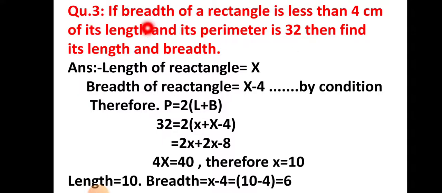Therefore, P means perimeter equal to formula 2 into L plus B. Therefore, 32 equal to 2 into x plus x minus 4. Therefore, 2x plus 2x minus 8. Therefore, 4x equal to 40. Therefore, x equal to 10. Therefore, length equal to 10 and width equal to x minus 4 means 10 minus 4 equal to 6.